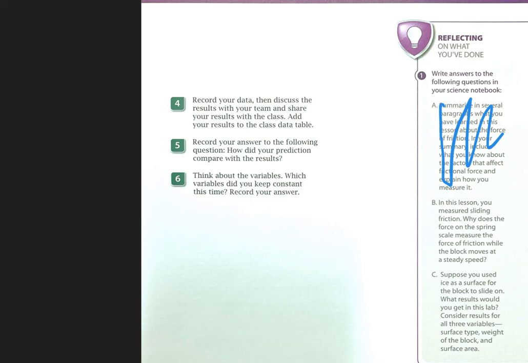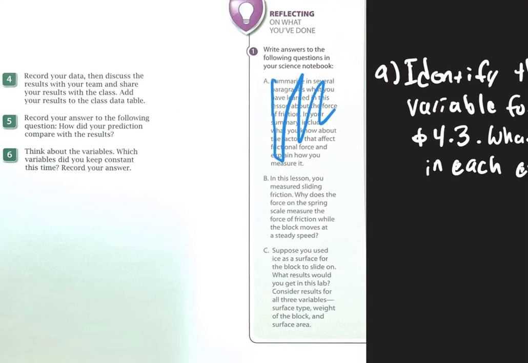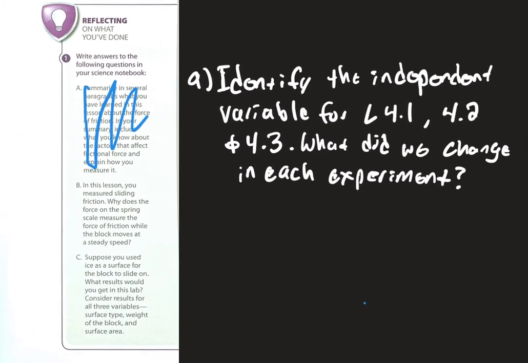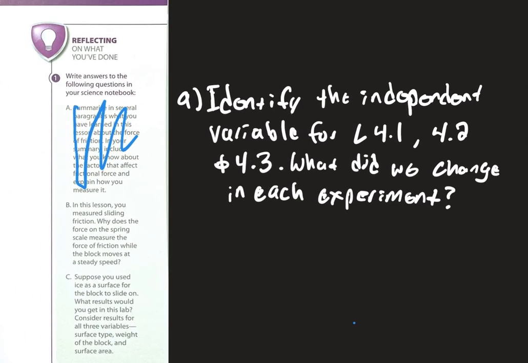All right, reflection questions. These are off to the left, right here, and we've got one change. So answer these questions in your notebook under the reflecting on what you've done. All right, 1A. I changed that one, so you're going to answer the one in white here.